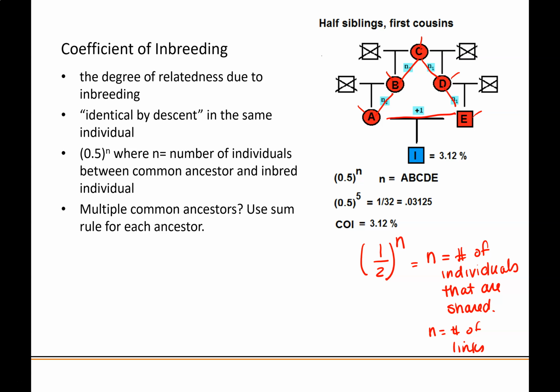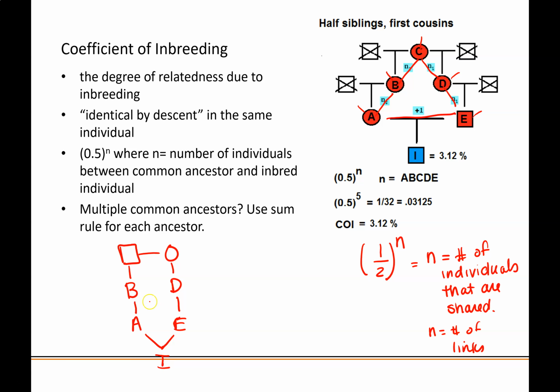Now, what if there are multiple common ancestors? So this shows half siblings, actually. This is a mother with 2 different fathers, so B and D are half siblings. But if you were to have a situation where you have full siblings instead, there are actually 2 different routes for this individual to be identical by descent.